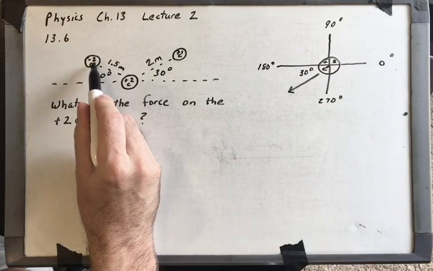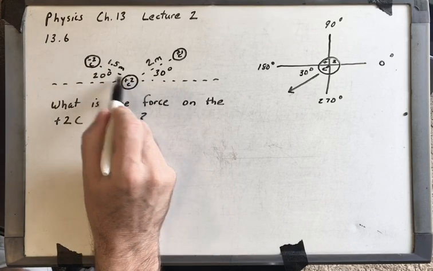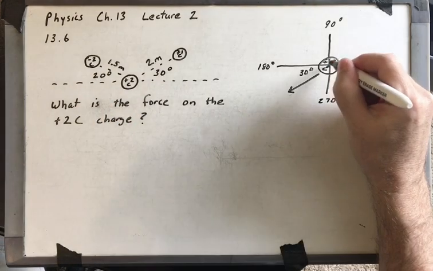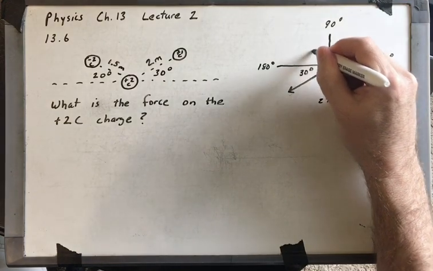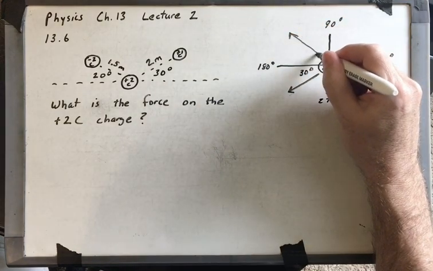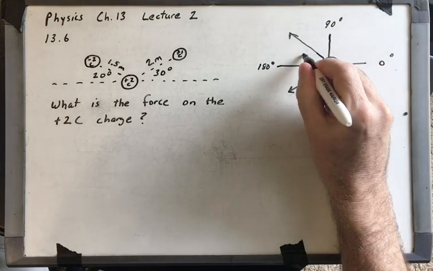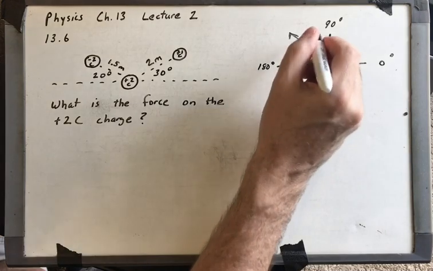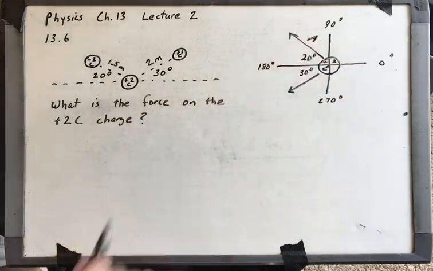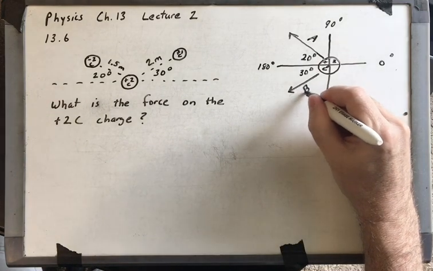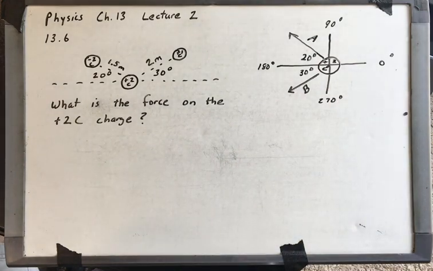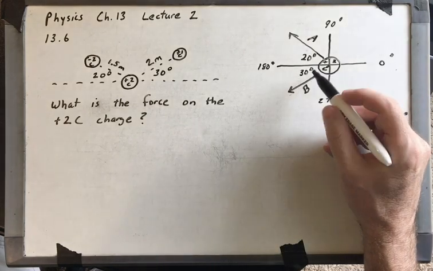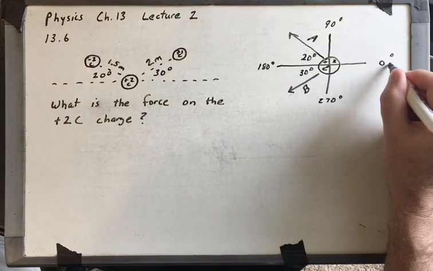Now this negative 2 Coulomb charge is going to be pulling the positive 2 Coulomb charge towards it. So that vector would look something like that, and it would be 20 degrees with the horizontal. Now I'm going to label these vector A and vector B. All right, and we also need to put these angles into the 360 degree system.